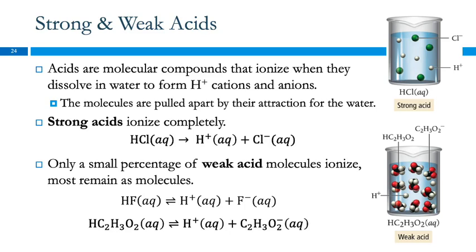We can also have a weak acid. Two examples here are hydrofluoric acid and acetic acid. Here we have an illustration of acetic acid. When you put hydrogen acetate into water, it does form ions, but not all of the molecules form ions, just some of them do.